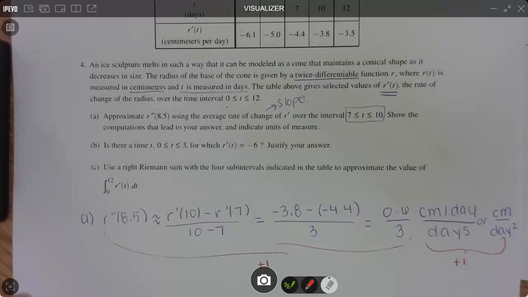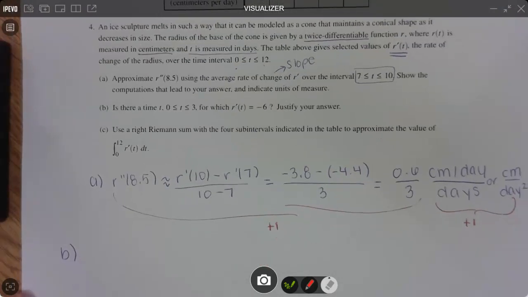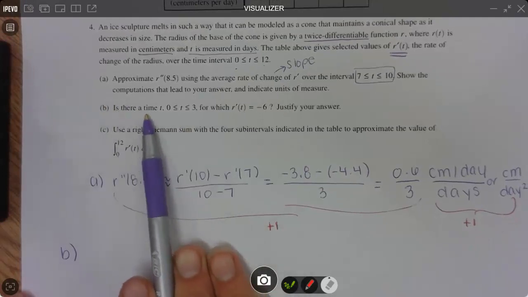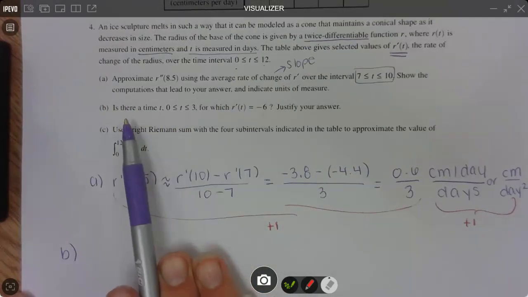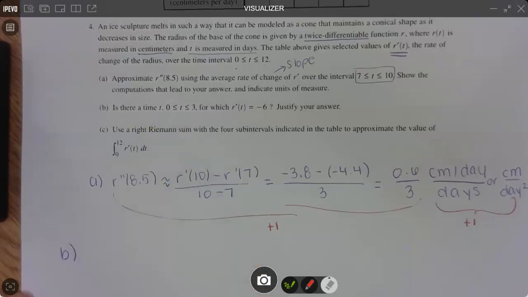Part B. Is there a time? The minute you see, is there a time? Think theorem. It's either going to be IVT, MVT.